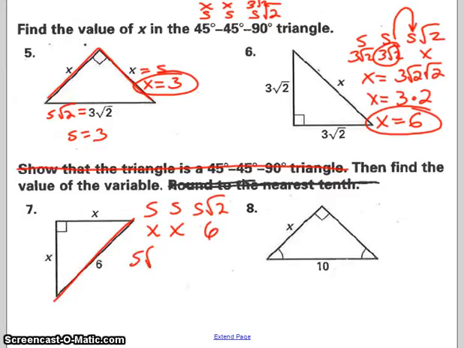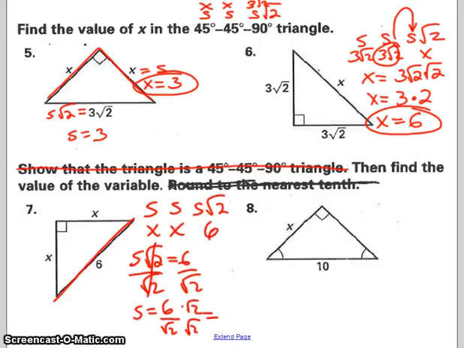So s square root 2 equals 6. Solve for s. We get s equals 6 over square root 2. Can't have a radical in the denominator, so we multiply by what's there, and we get 6 rad 2 over 2, which is 3 rad 2. So s equals 3 rad 2.